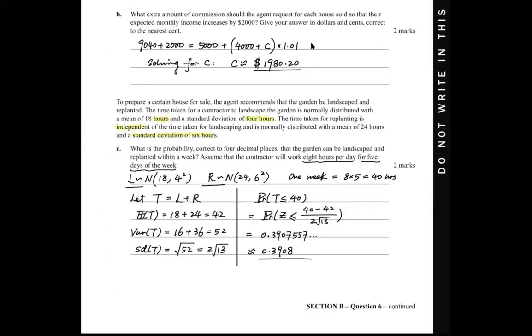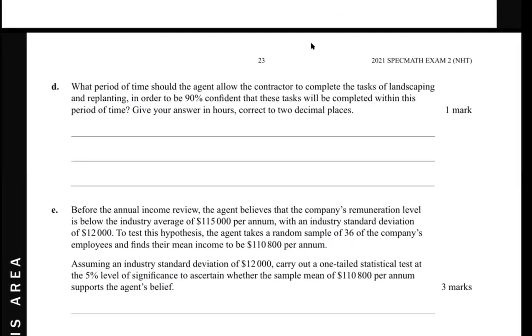Okay, so what period of time should the agent allow the contractor to complete the task of landscaping and replanting in order to be 90% confident that these tasks will be completed within this period of time? Give your answer in hours corrected to 2 decimal places. So now we know the combined variable T is normally distributed with mean 42, and the variance is 52.